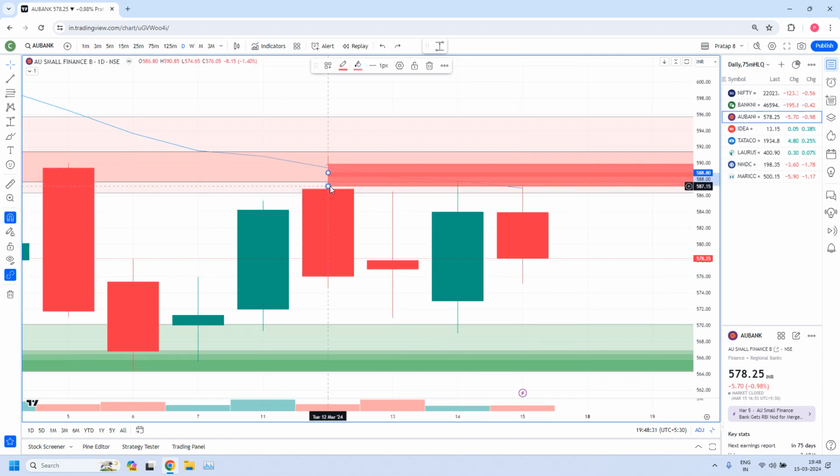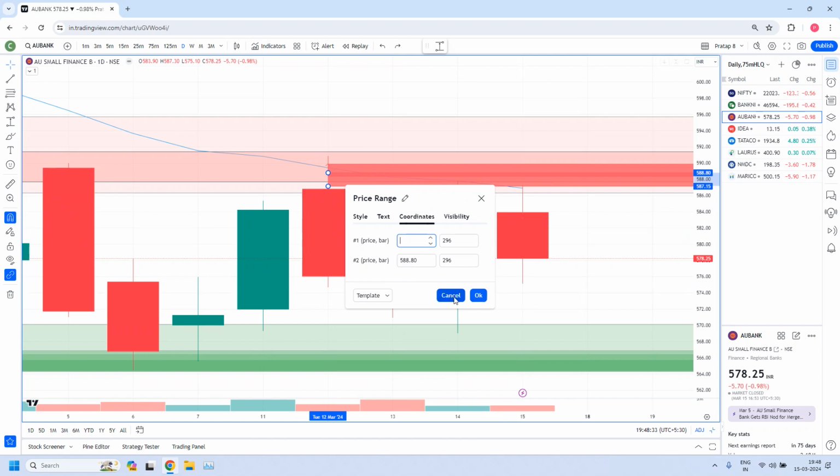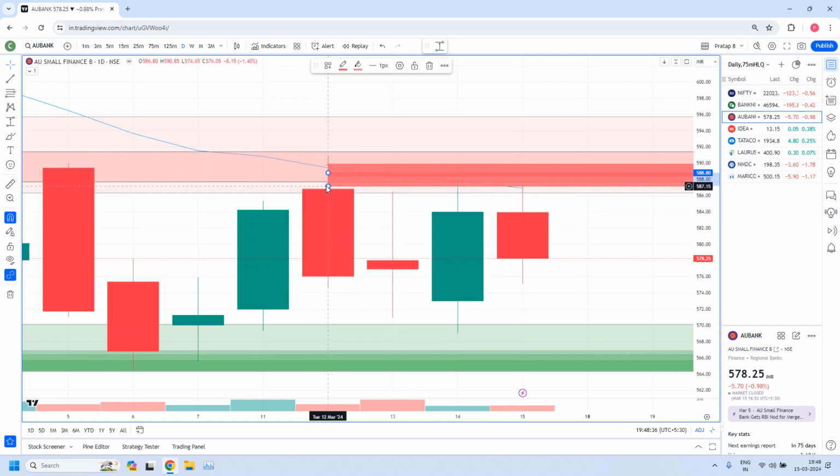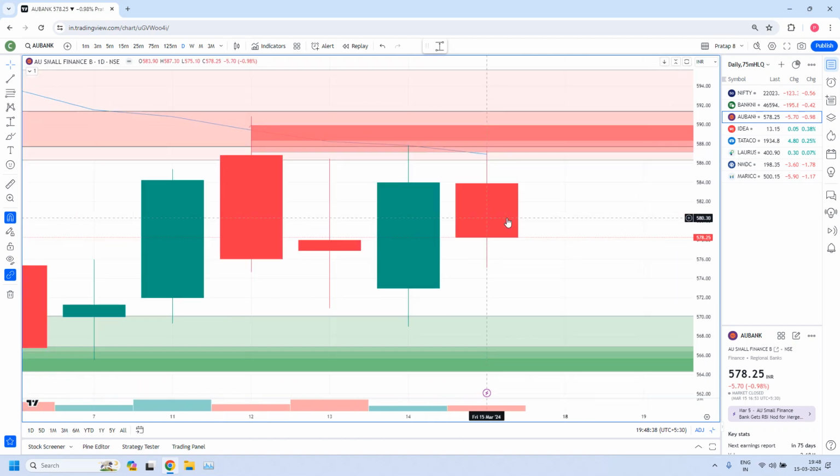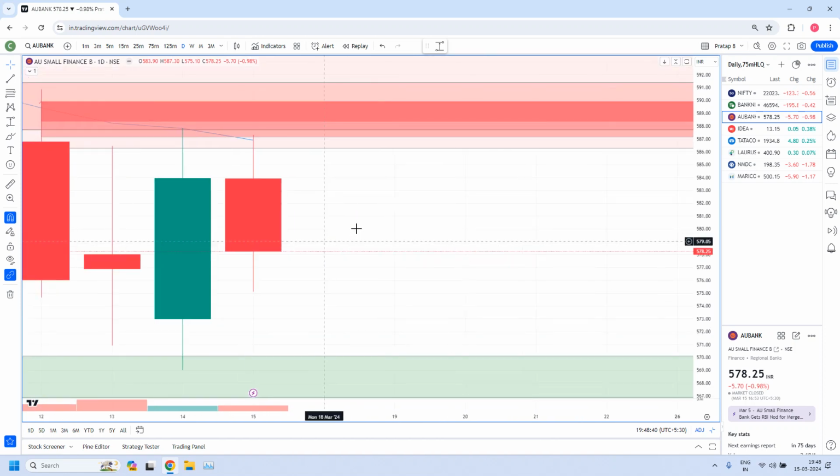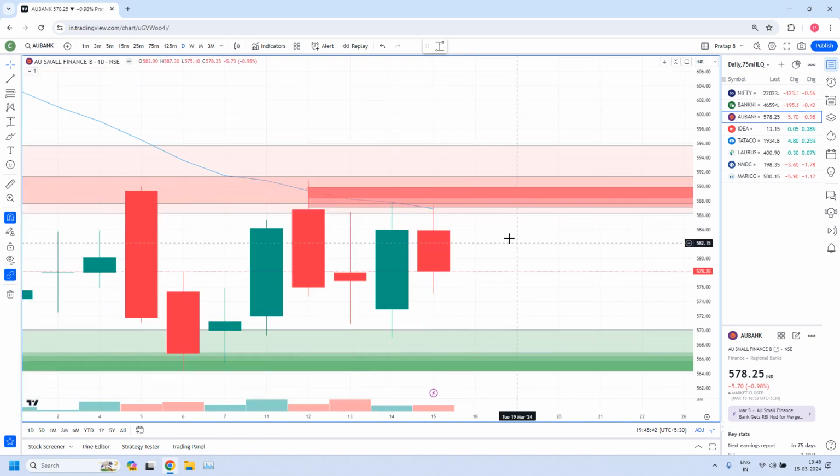Okay, now I am deleting this because next time again this analysis is required. If prices enter into this zone, our software has to report it. Without software reporting, if you are taking trades in the high liquidity zone, mostly your trades will be disturbed.